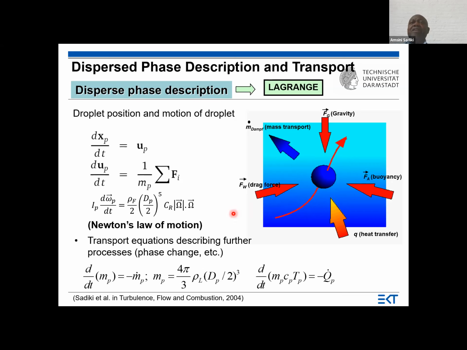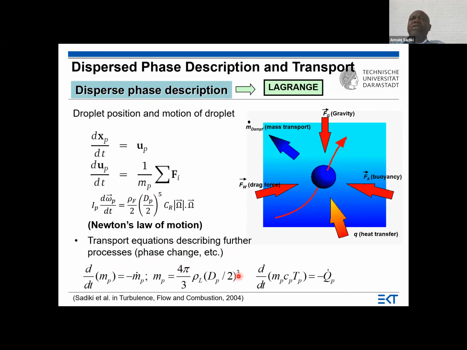And to make it very detailed, we have here the equation of motion, and we must also add the transport equation describing further processes like a phase change, for example, the change of the mass here. So in the case of evaporation or condensation, we introduced this yesterday, how to account for this effect.